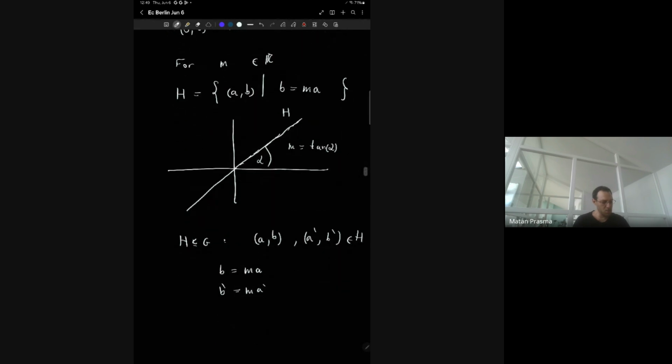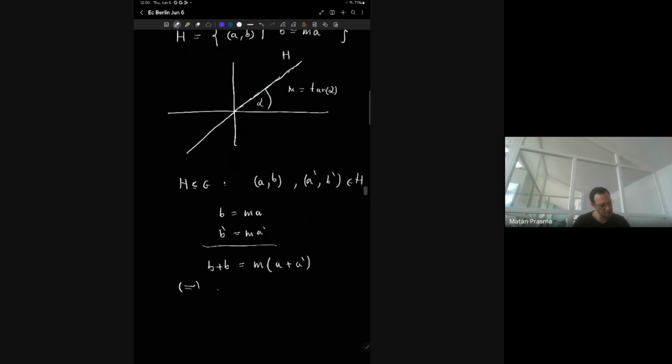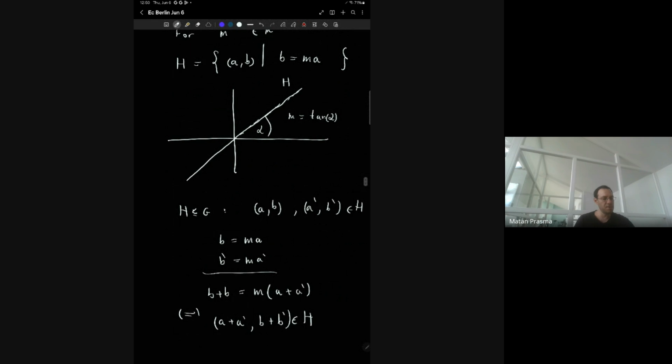And so when you sum the equations, you get that B plus B prime is equal to M times A plus A prime. And this is equivalent to saying that A plus A prime, B plus B prime is an element in H, right? An element in H is something that satisfies this equation. Is it clear why H is a subgroup of R2?